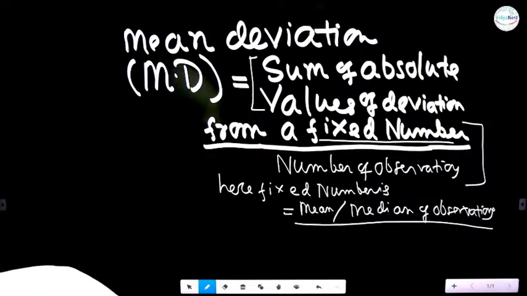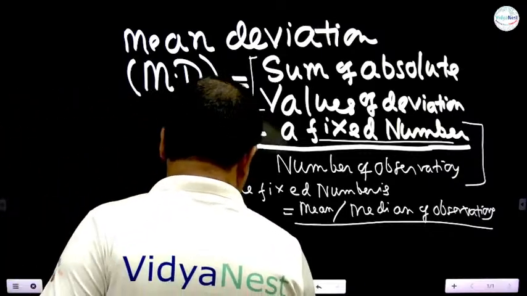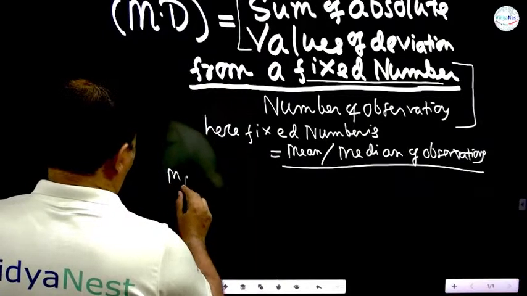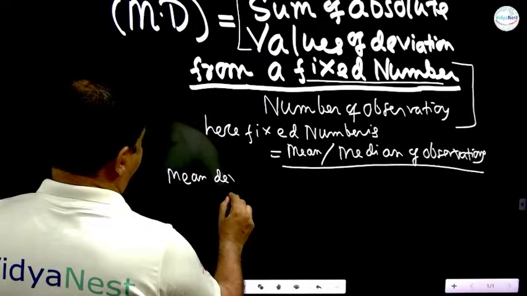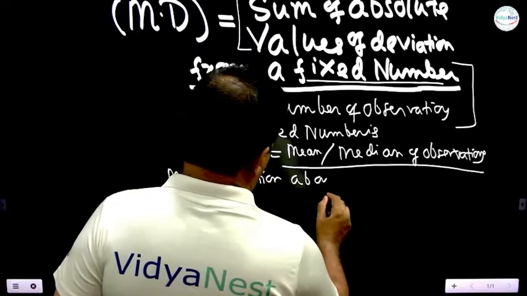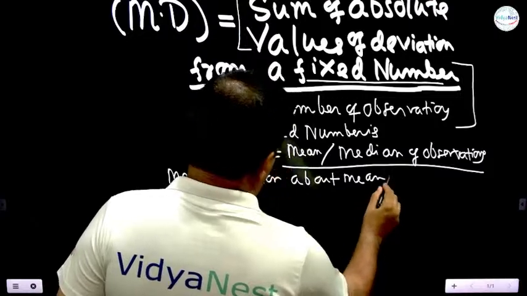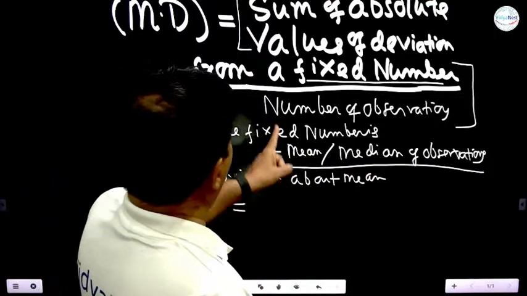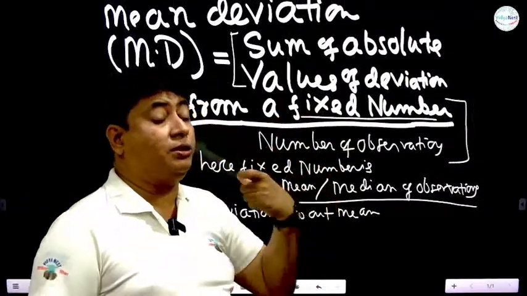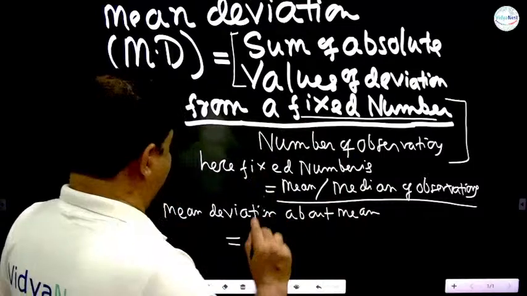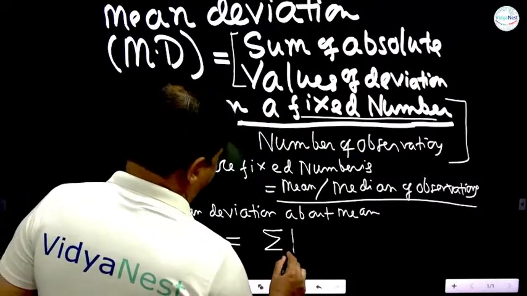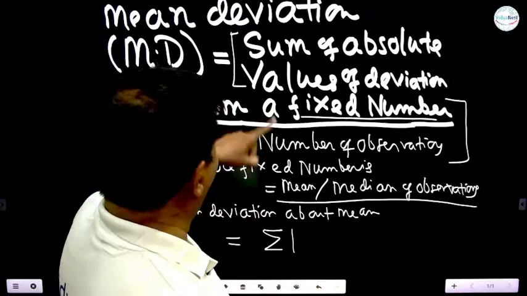How to denote it? Mean deviation about mean is given as sum of absolute value, modulus, of deviation.